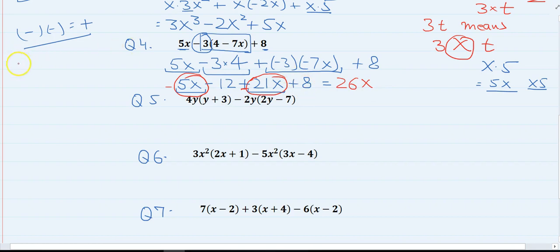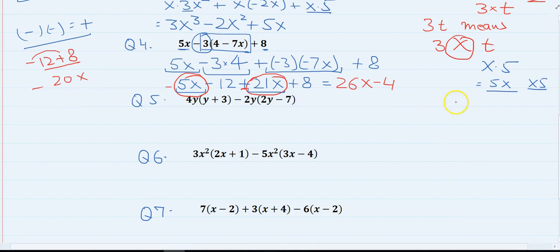Minus 12 plus 8, minus 12 plus 8. Which is bigger number? Minus 12. 12 is having sign negative, and because these are opposite signs, we subtract. Don't take it 12 plus 8 and write it minus 20. That will be wrong.